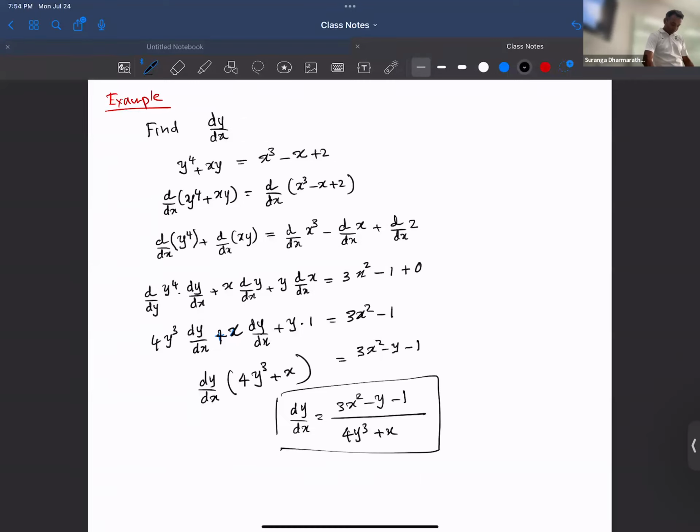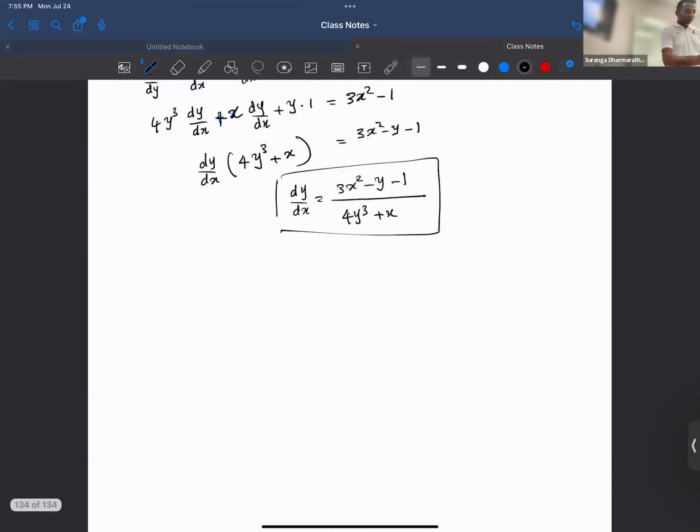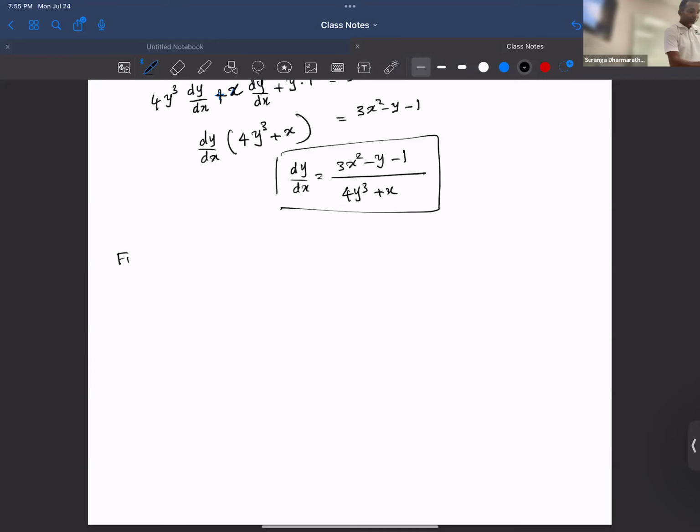3.8. Problem 6. So this is the problem. Find the derivative. Find dy over dx.